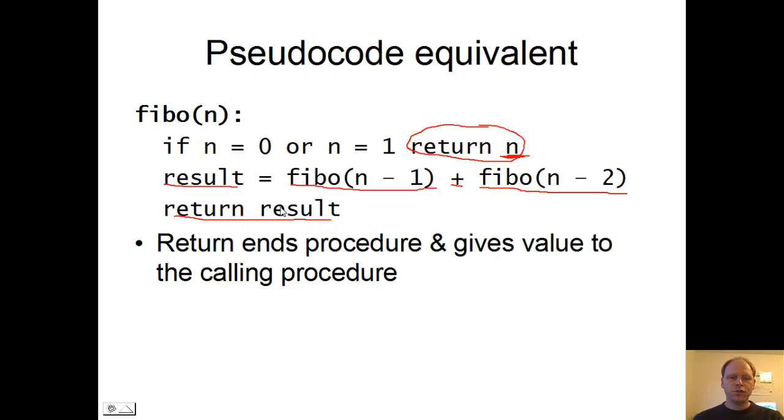So the result of calling Fibo with parameter n is the sum of calling this procedure with n minus 1 and n minus 2 as parameters.